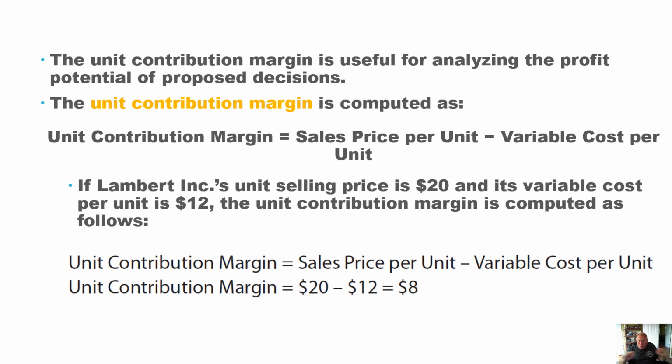Okay, that's all we're doing, so that we can look at it on an incremental basis. What if we do this? What can be the impact? So we're going to a little more finite detail to look at it on a unit basis. So if you're looking at Molson Coors, that is going to be on a hectoliter basis. Okay, so it's just taking us to a finer level of detail.